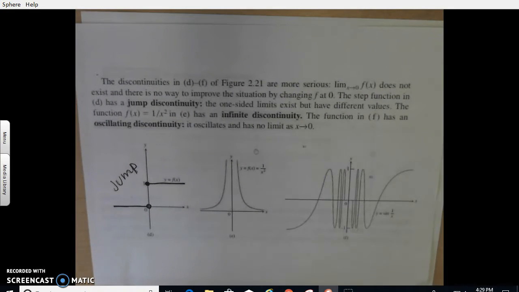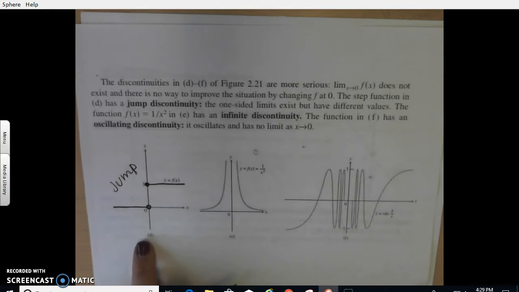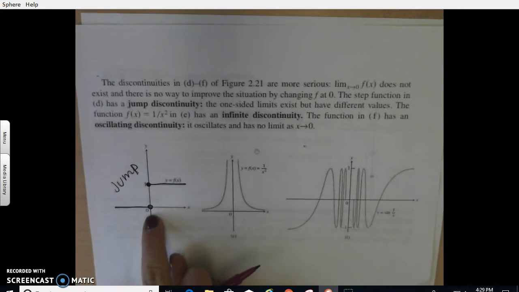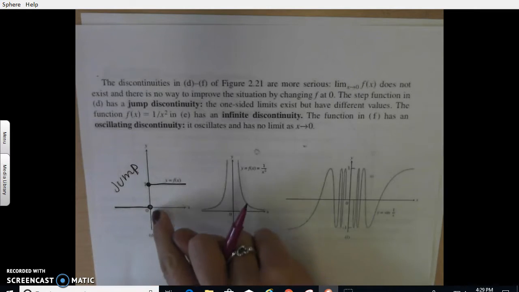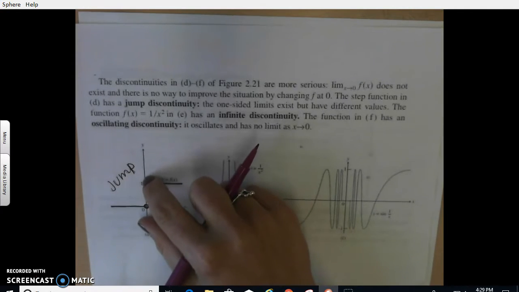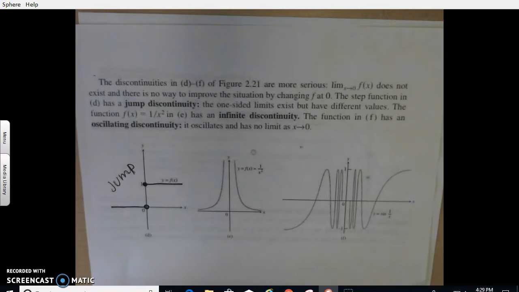And then we have discontinuities in these three graphs. So we have the step function here, once again, and at 0 we have a jump discontinuity because we go from 0 to 1. And we have no way of saying that between the values of 0, that value of 0 should jump all the way up to 1. So that would be called a jump discontinuity.